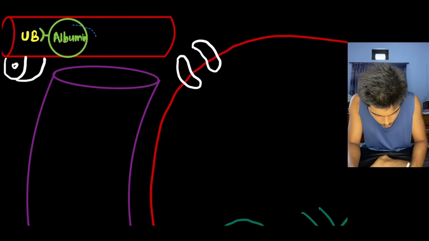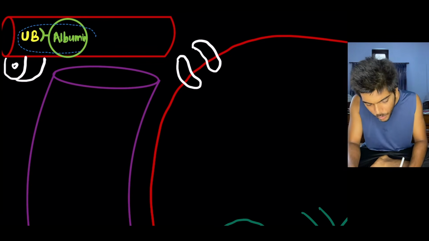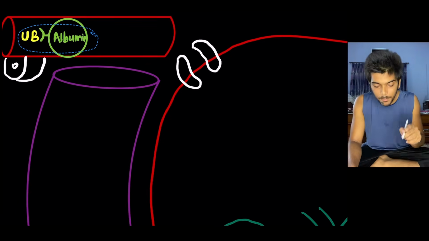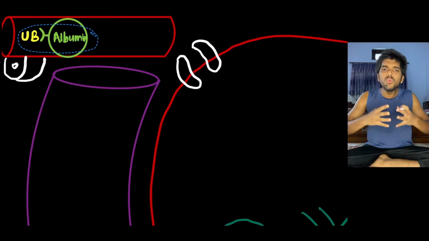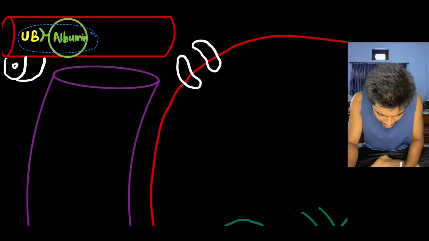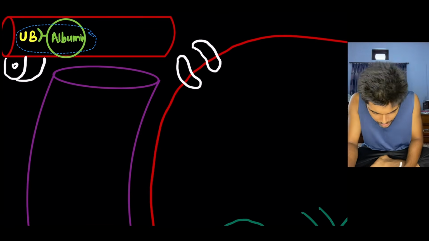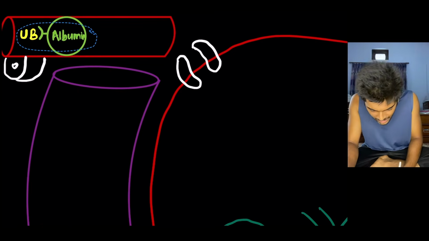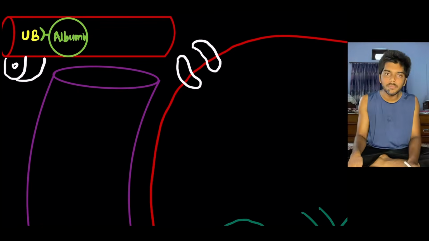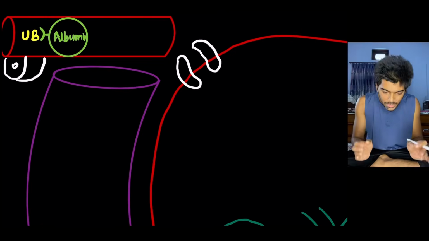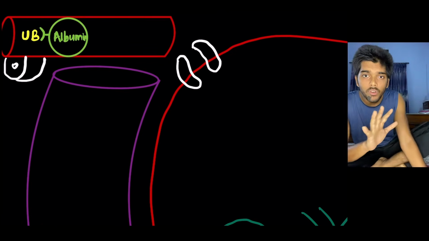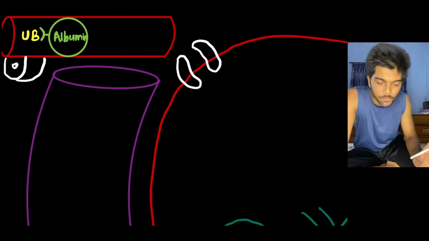But now this unconjugated bilirubin, which is bound with plasma albumin, is too large in size. And this large molecule can't pass through the tissue membrane. So it stays within the circulation and will not enter into any tissue of the body.